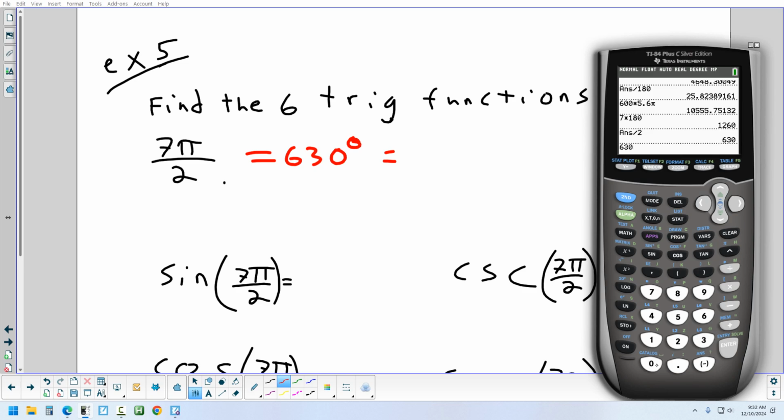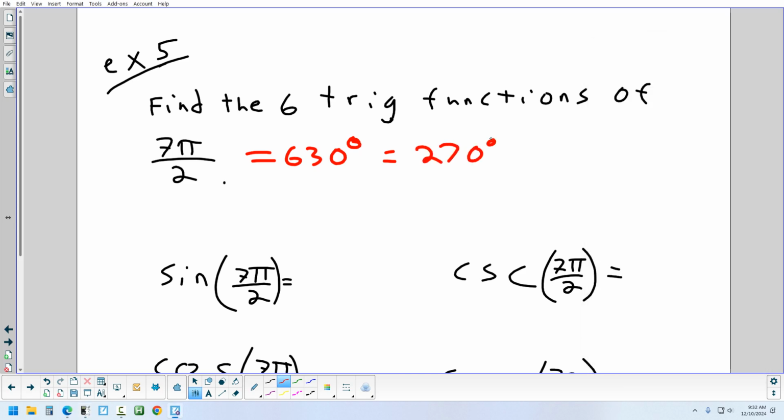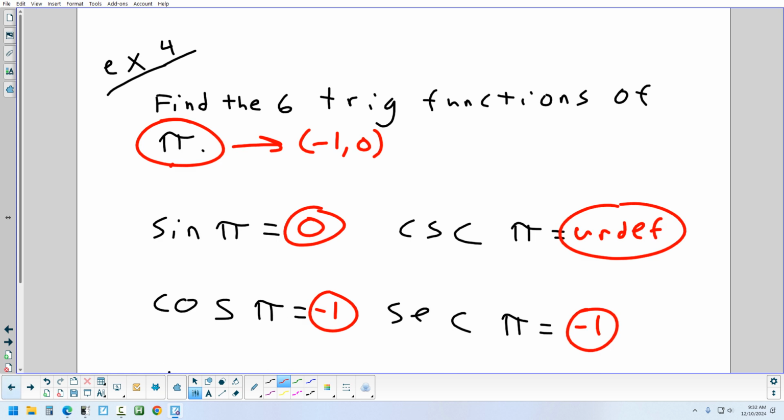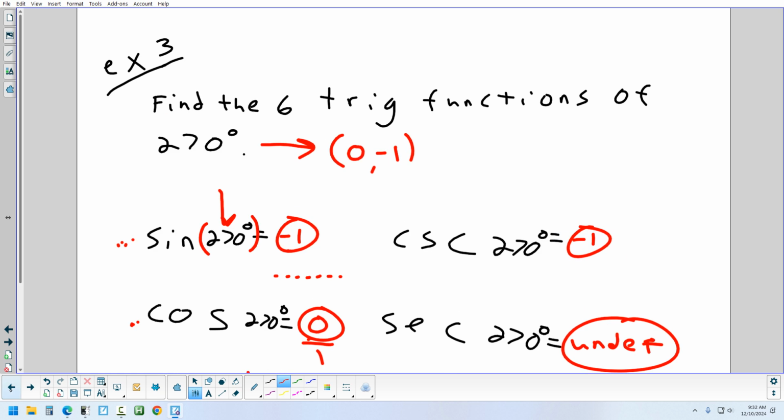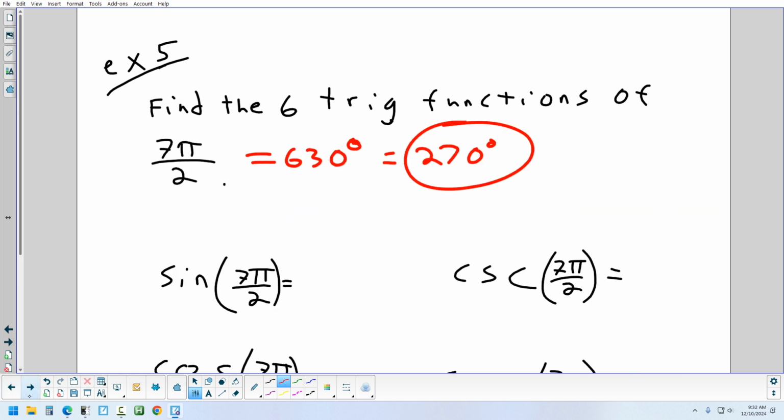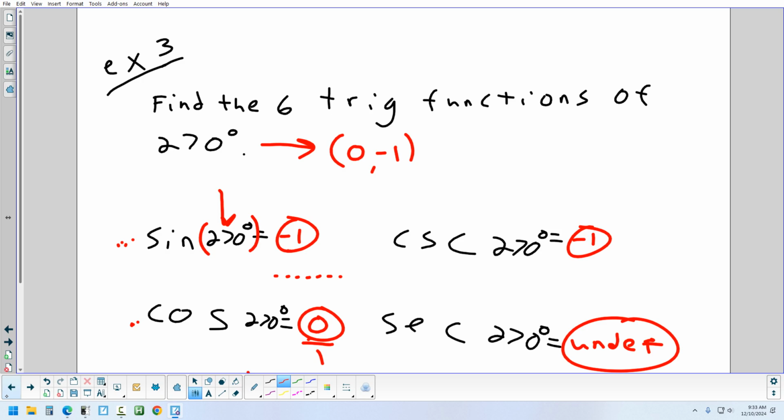And what do we call that new angle, 270, in relation to the original? It's coterminal. The terminal sides end up at the same spot. So now that's 270. And 270 degrees, we've already done that problem. That was example 3. Is there any question on how we got it to 270? Because from there, we've already done the problem.